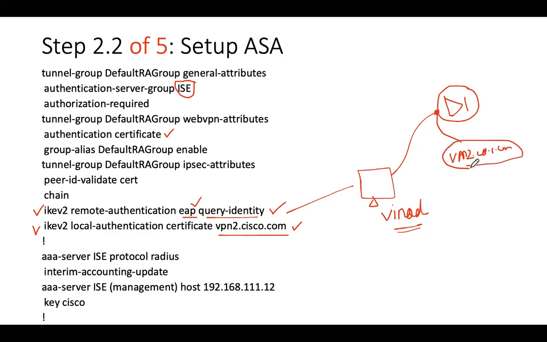So this authentication, where the issuer of the certificate is Entrust. When Vinod tries to communicate with this URL vpn2.cisco.com, the user machine will also see whether I trust this CA or not.